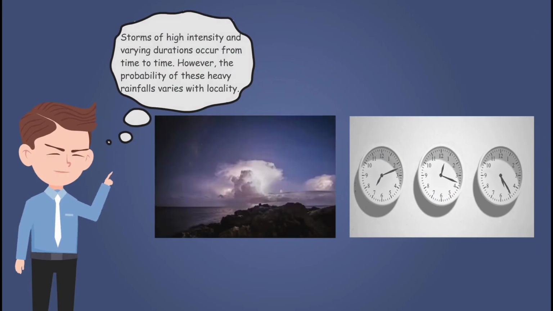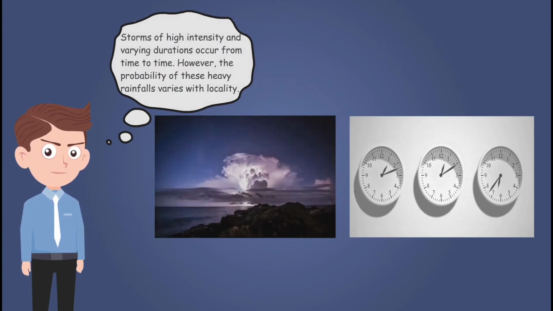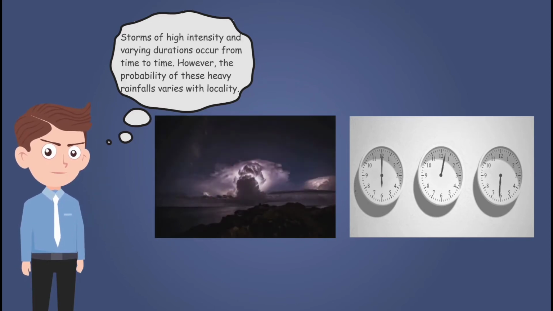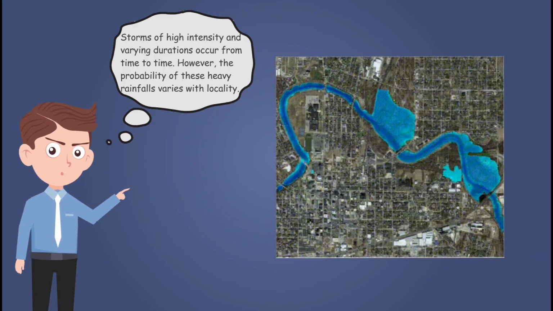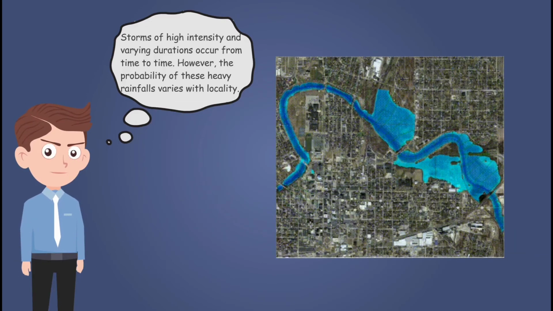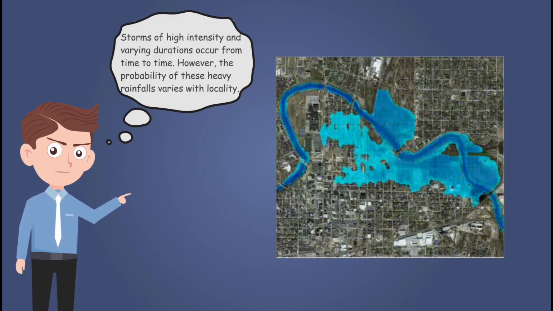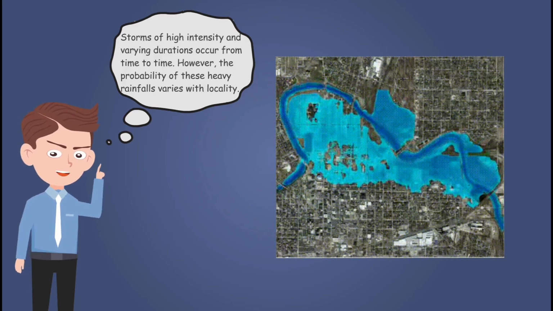Storms of high intensity and varying durations occur from time to time. However, the probability of these heavy rainfalls varies with the locality. The first step in designing engineering projects dealing with flood control, gully control, etc. is to determine the probability of occurrence of a particular extreme rainfall. This information is determined by the frequency analysis of point rainfall data.